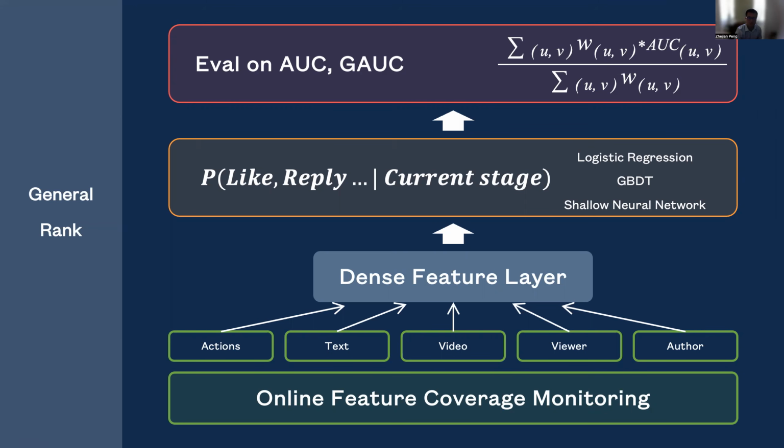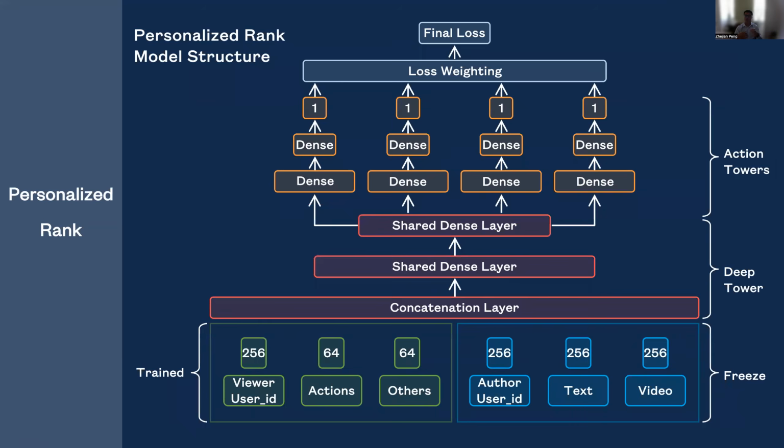Okay, and after this general ranking stage, now the comments have a certain rank, and we will put the top ranking comments into a personalized ranking stage. This very complicated model is the personalized ranking model architecture.